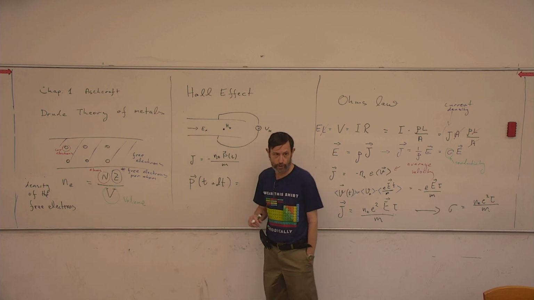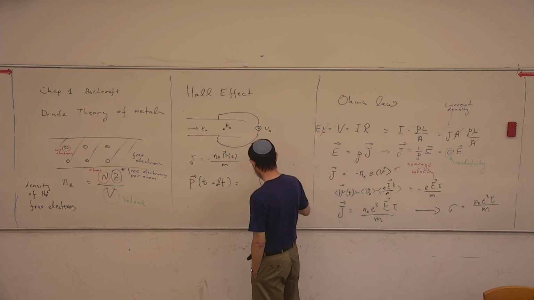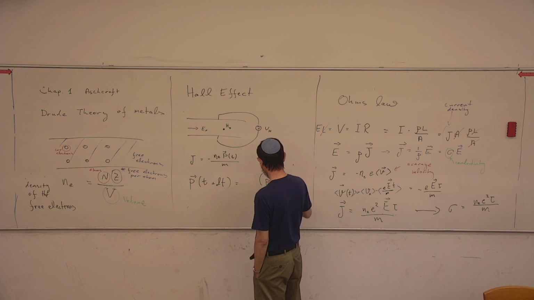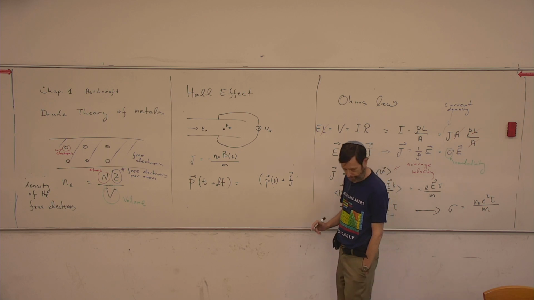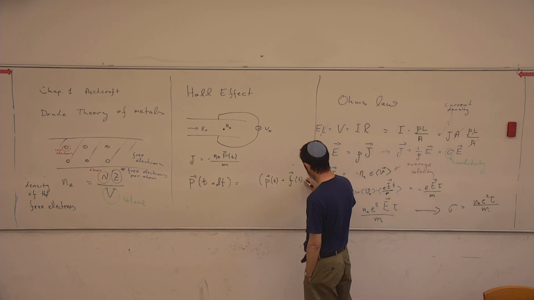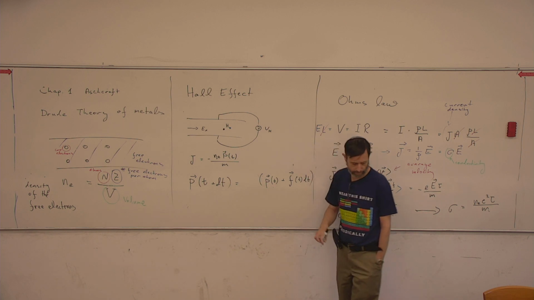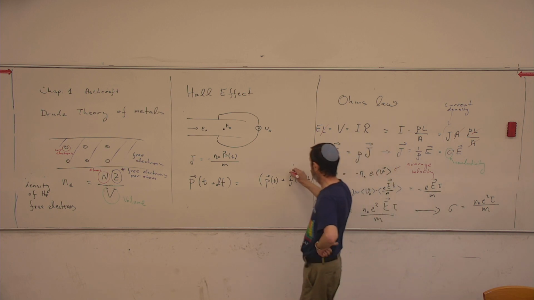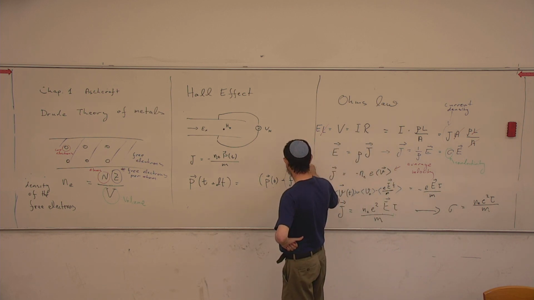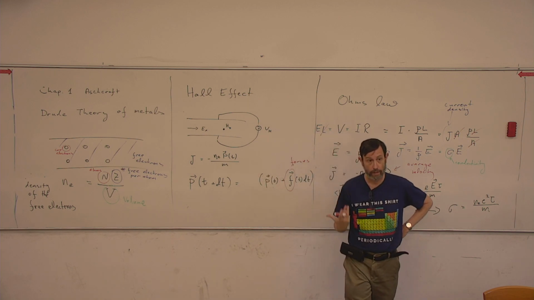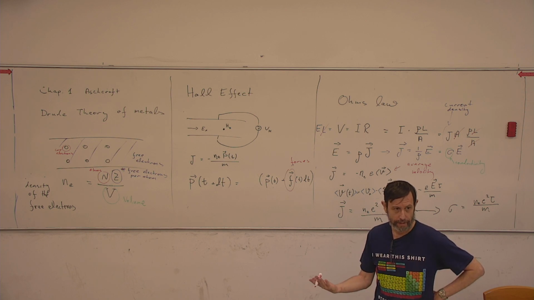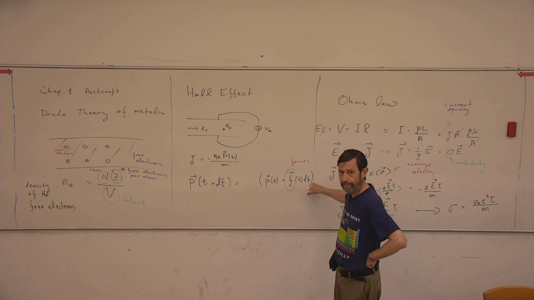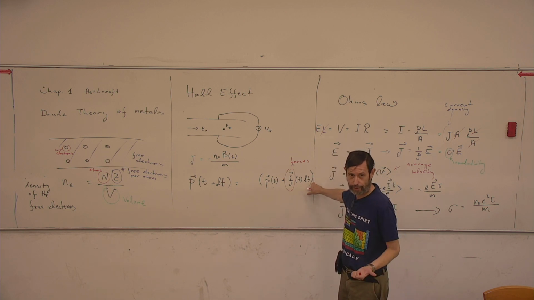So if there were no collisions, the change in the momentum is the original momentum plus the change in momentum that occurs due to the application of force.